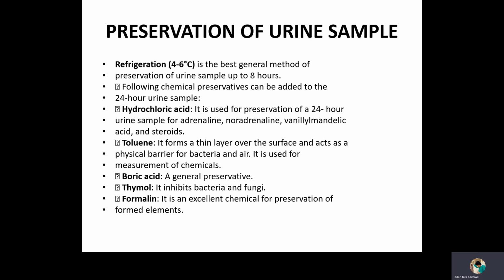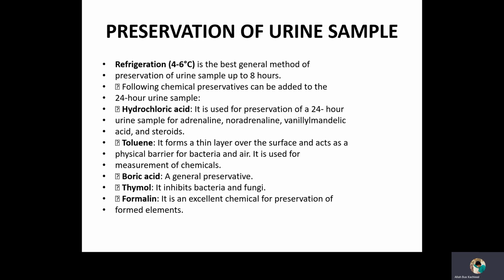Therefore, the samples must be preserved. The preservation of urine samples must take place in refrigeration. Refrigerators maintained at 4 to 6 centigrade are the best general method of preservation of urine samples up to 8 hours. So you can preserve the urine sample for 8 hours by keeping it at 4 to 6 centigrade in a refrigerator.